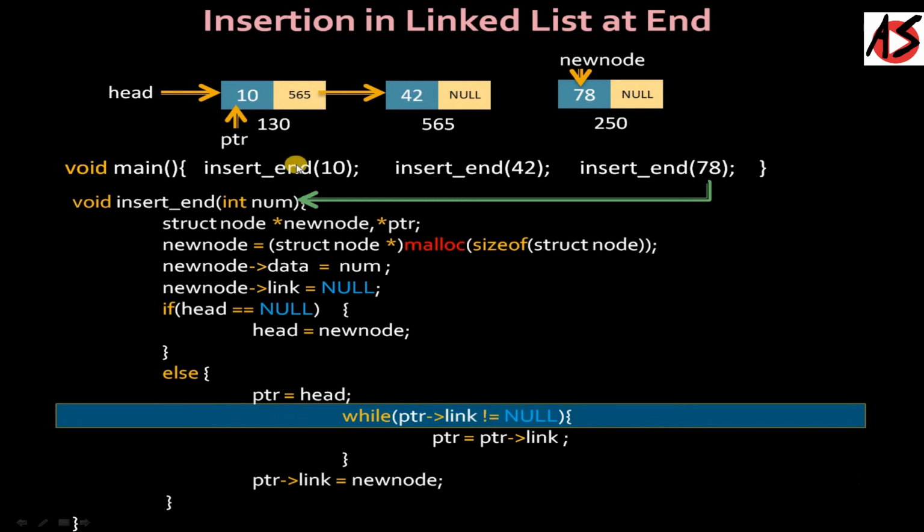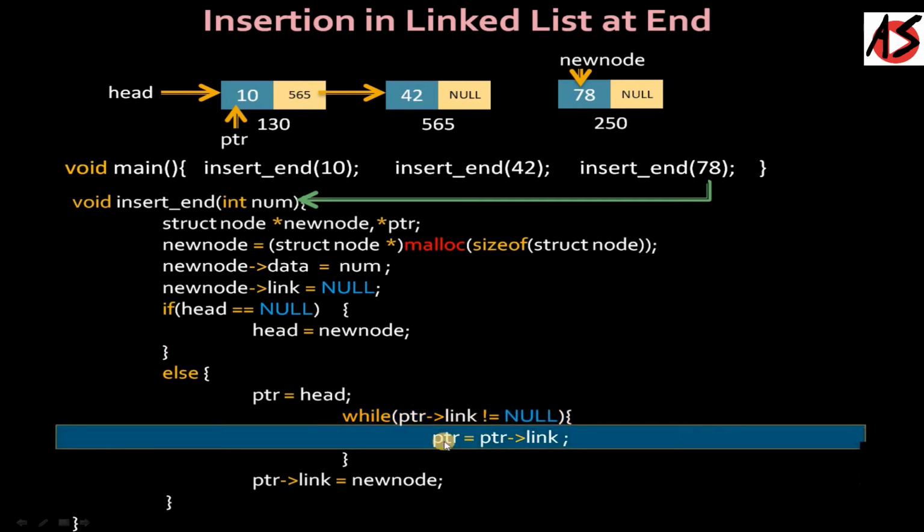Here this is the pointer node and the pointer node link part is not null, it is 565. So we go inside the while loop, and in that we can see pointer is equal to pointer link part. So we have to move our pointer to the link part of our pointer. This link is pointing to the next node, so our pointer is moving to the next node.